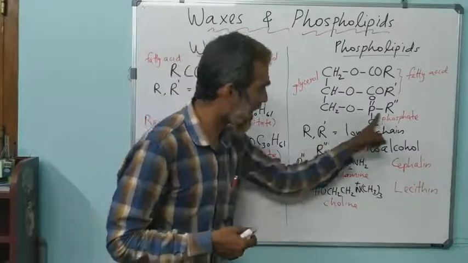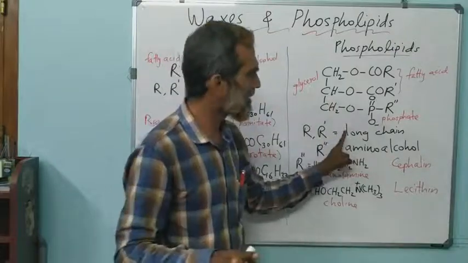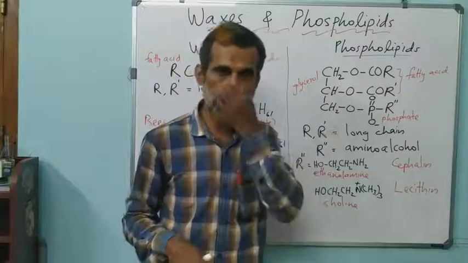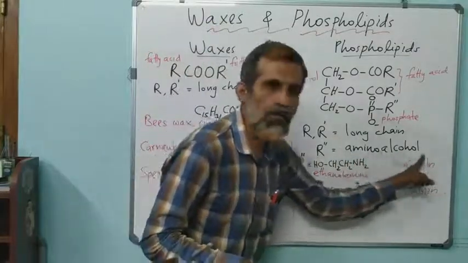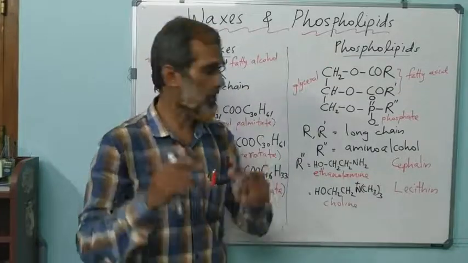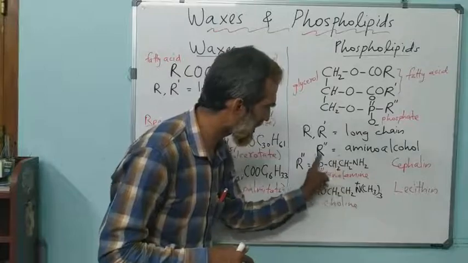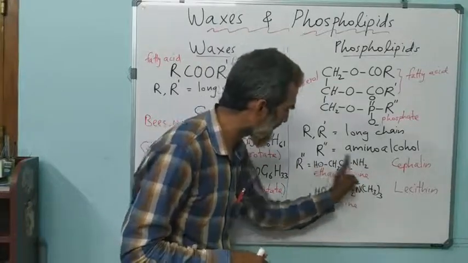R and R dash are simply fatty acids like palmitic acid, stearic acid, oleic acid, etc. What about R double dash? It is an amino alcohol. Amino alcohols like ethanolamine. Look at this. This is ethanol and this is amino ethanol, right? So there are two groups, OH and NH2.